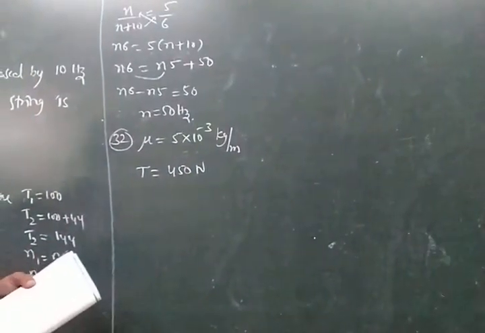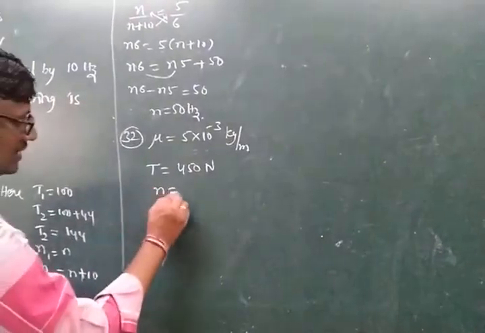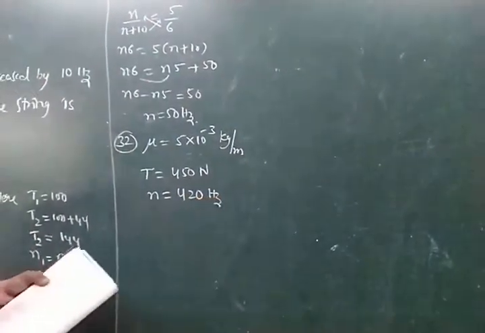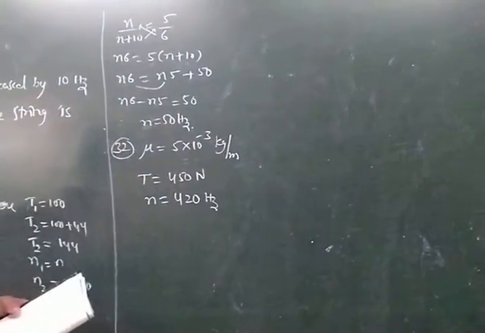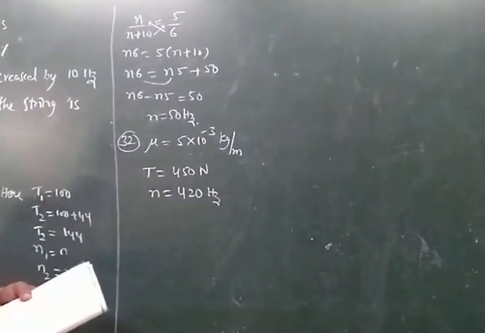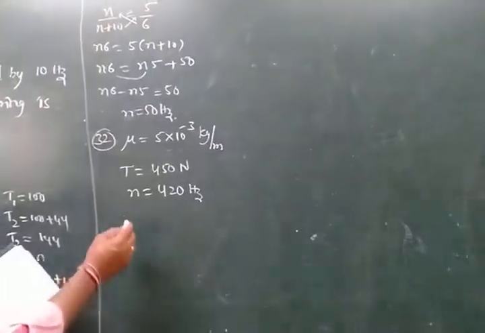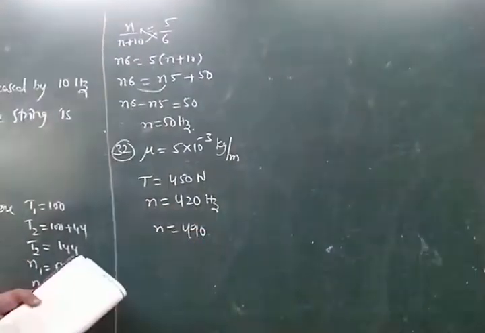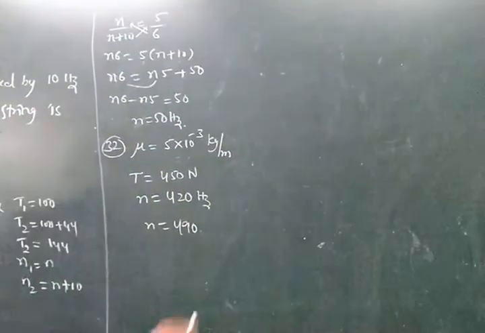The wire resonates at frequency n equal to 420 hertz. The next higher frequency at which the same resonance occurs is 490 hertz.